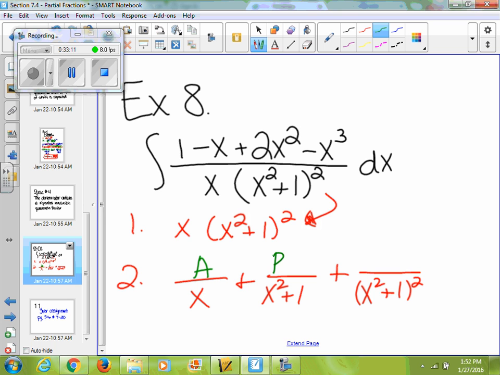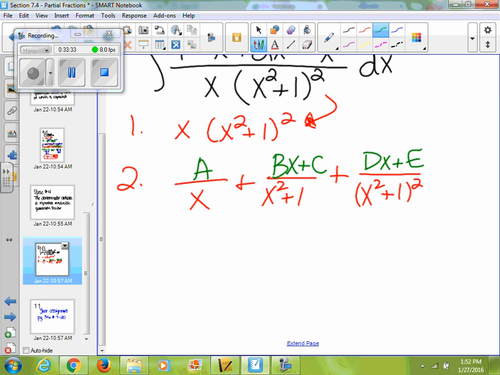Since this is an x squared, it'll have to have an x factor in the numerator. And since this is an x squared, it also has to have an x factor in the numerator. So I'd have A over x plus (Bx plus C) over (x squared plus 1) plus (Dx plus E) over (x squared plus 1) squared.